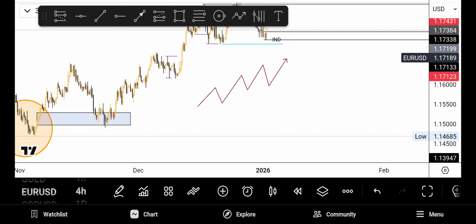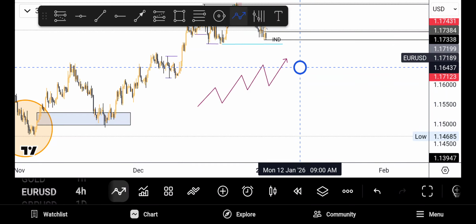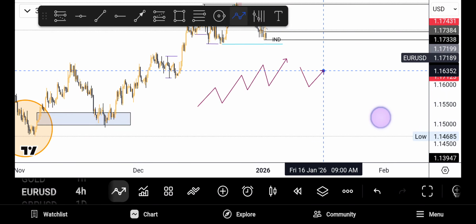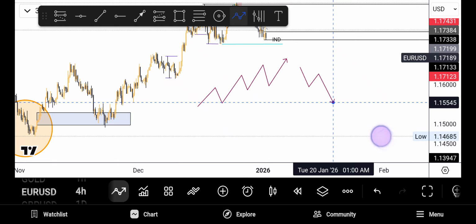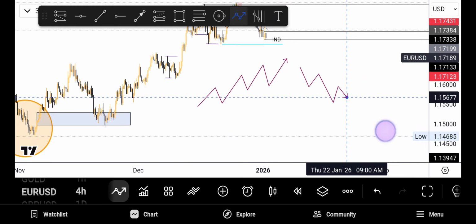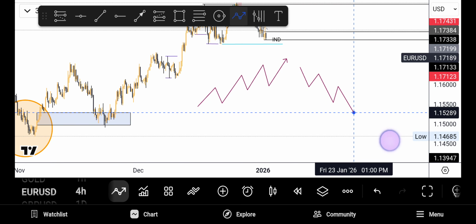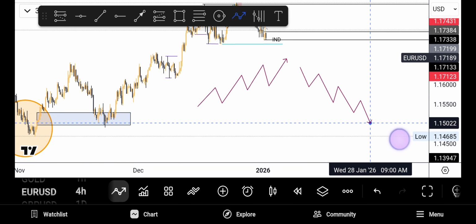You understand? Let me draw it for you. A bearish trend consists of lower low, lower high, lower low, lower high, lower low, lower high, like that.